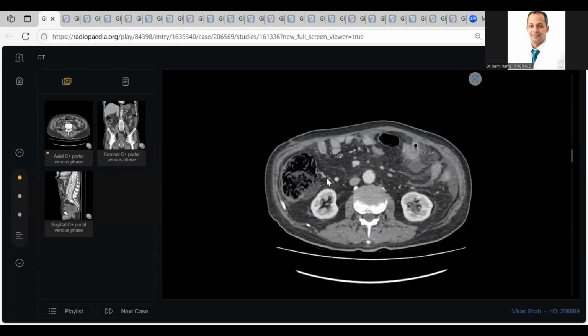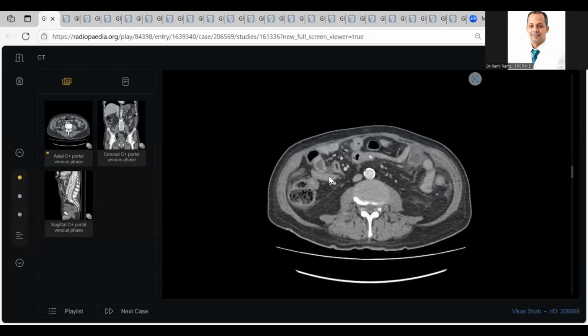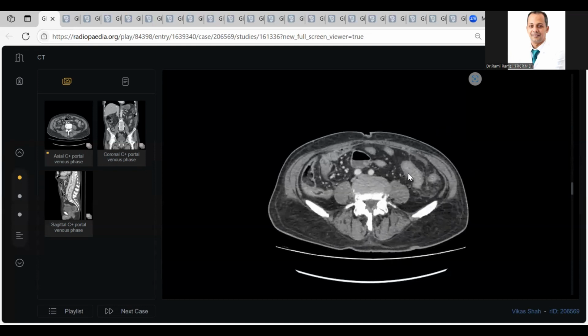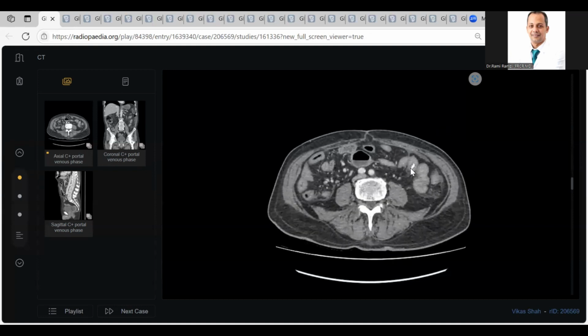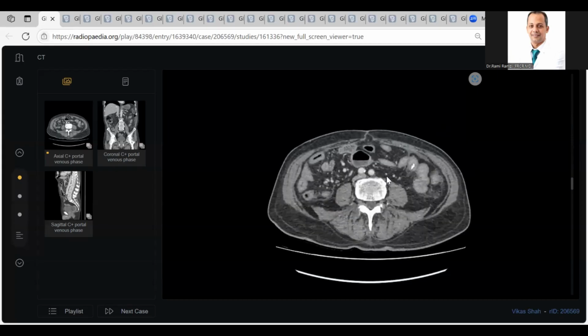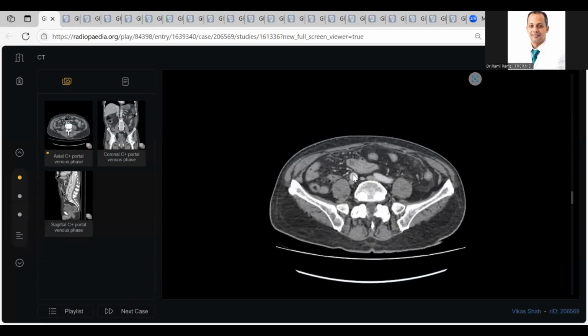There's no evidence of small bowel obstruction. They're relatively small in caliber. I can see post-surgical clips from possible previous surgery, so a previous small bowel resection.